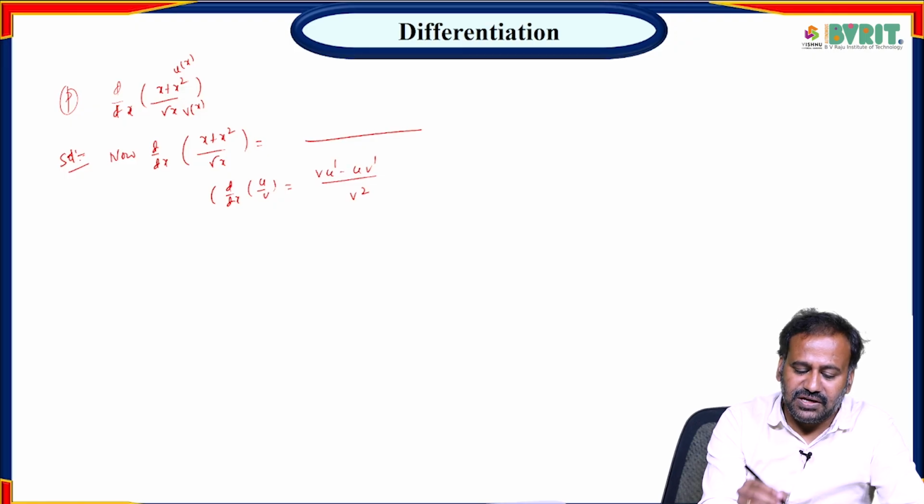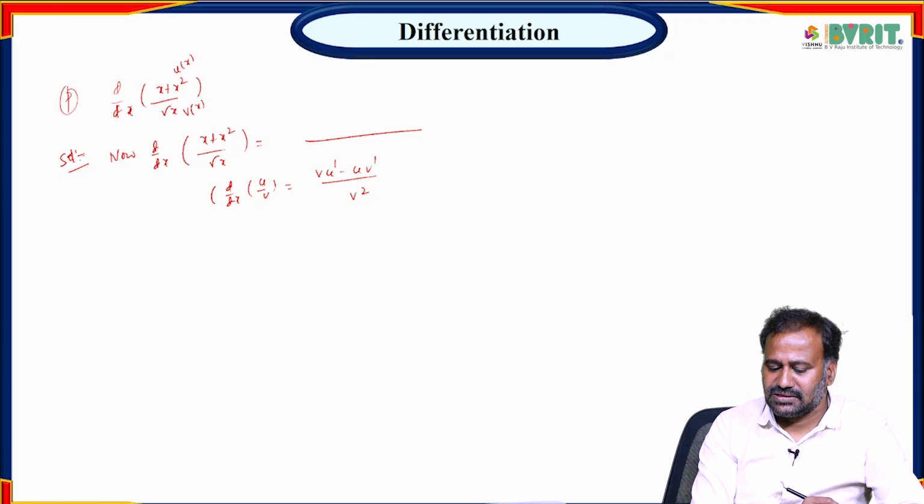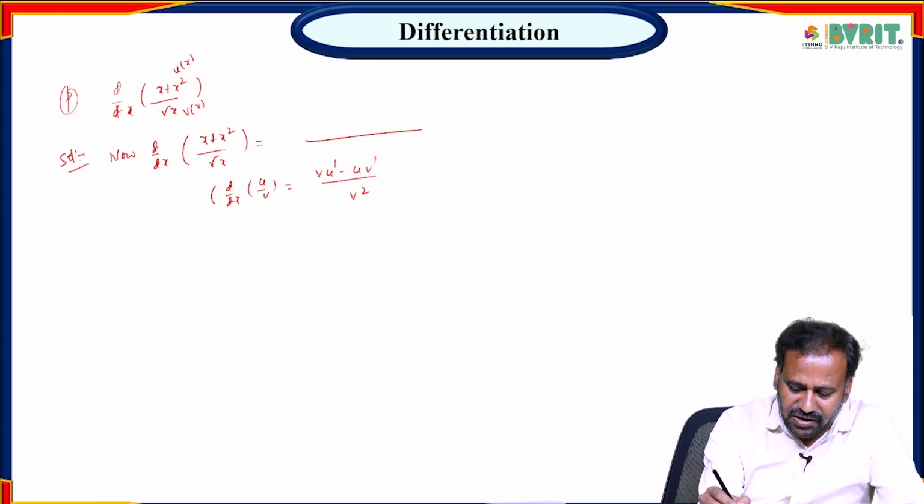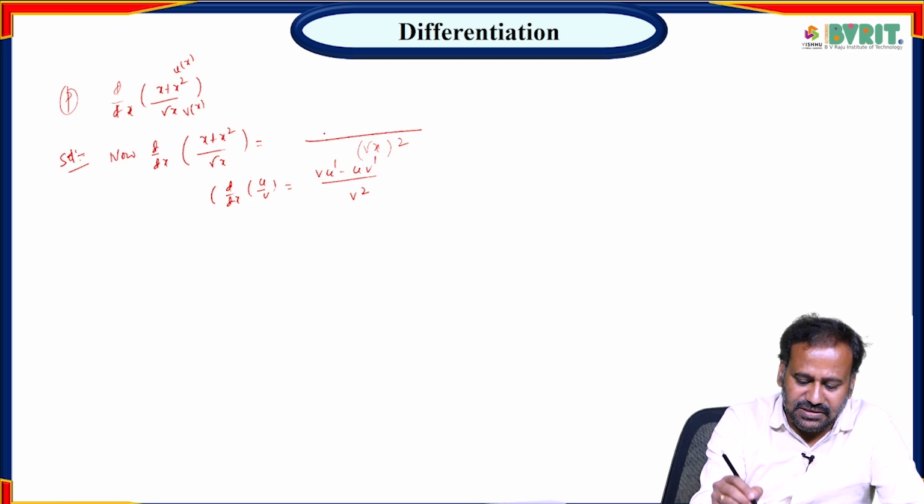Okay, now here v is root x, u is x plus x square. First, according to this formula, first let me write the denominator v square. v is nothing but root x whole square. Next, first I should write this v as it is, means root x as it is, and d by dx of differentiation of numerator, that is x plus x square.